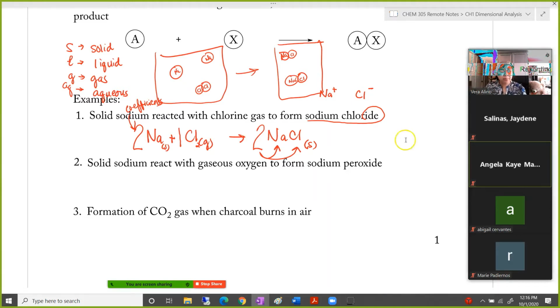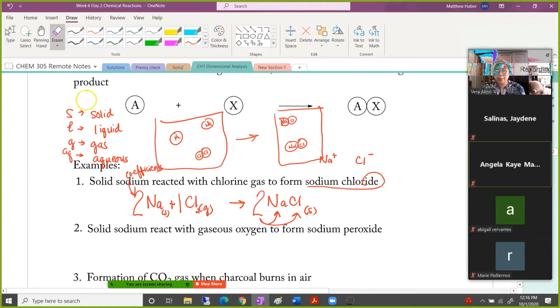Plus, it's already implied that you have 1 chlorine molecule. So usually you don't need to write the coefficient 1 because it's already implied. It's the same as you don't have to put the subscript 1 because it's already implied that you're dealing with 1 sodium atom and 1 chlorine atom in a molecule.